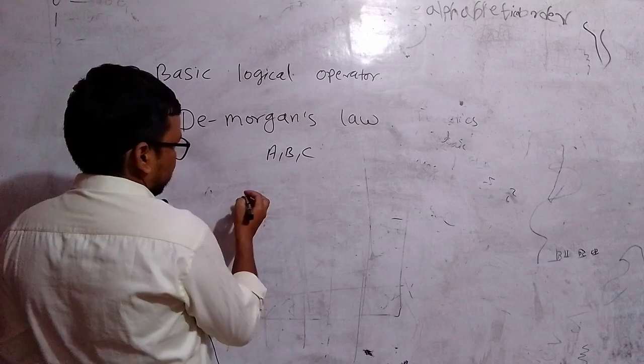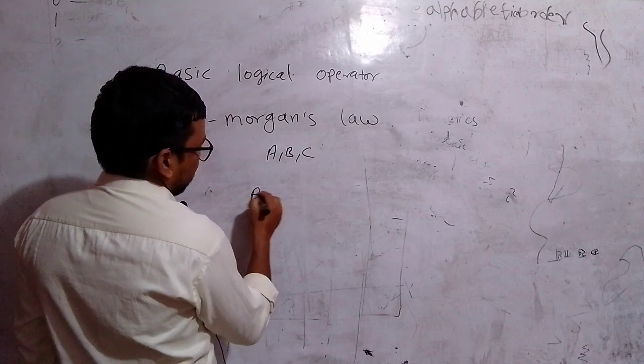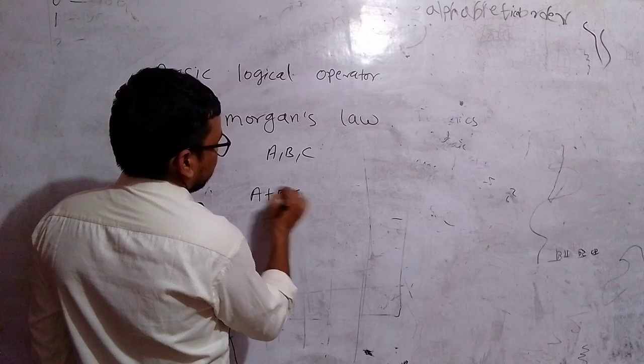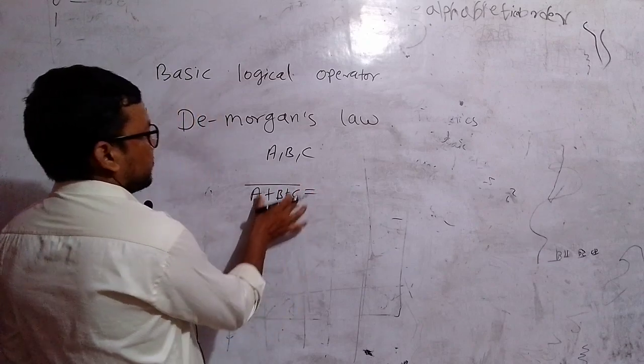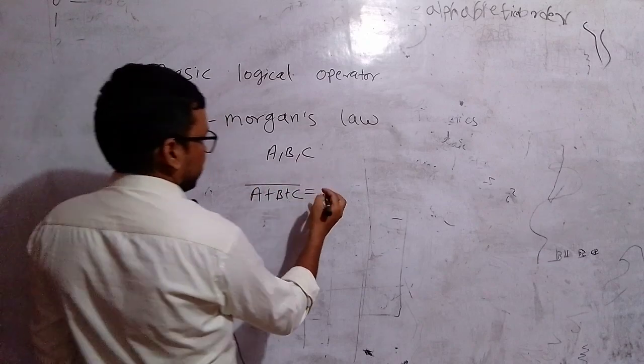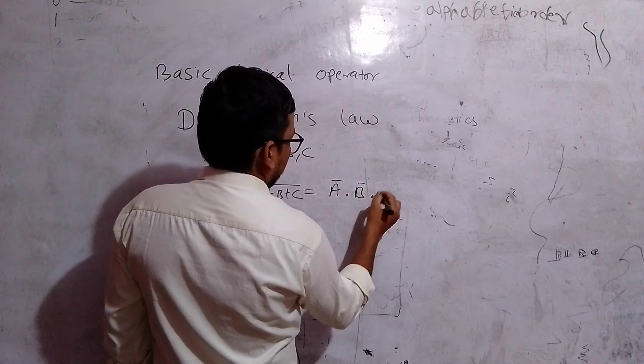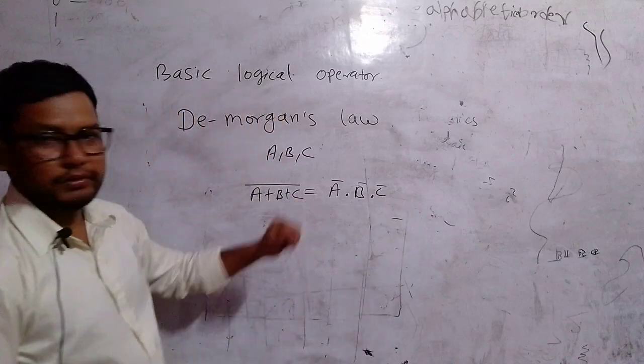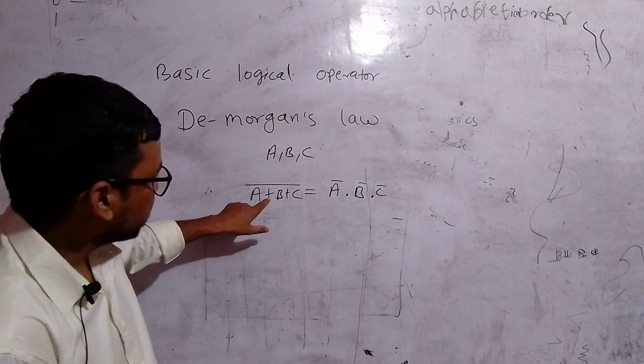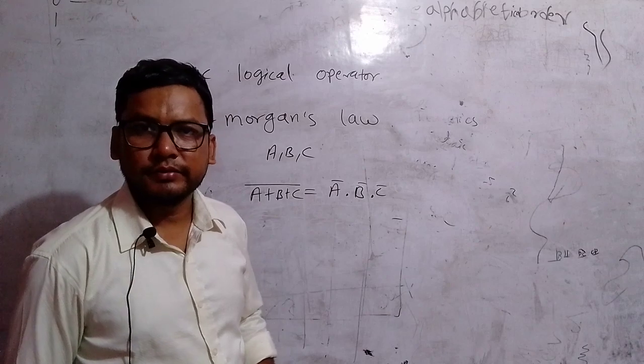Suppose A, B, C are three terms here. Then the complement of the sum of all terms is equal to the product of the complement of each term. Now, we have converted plus to dot form.